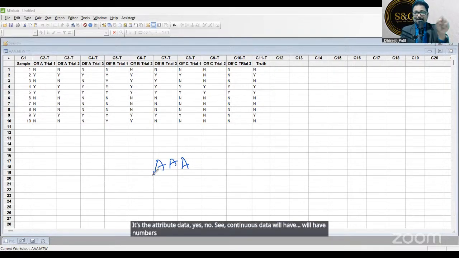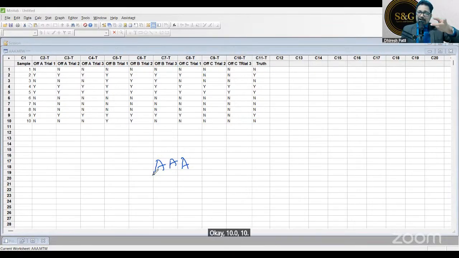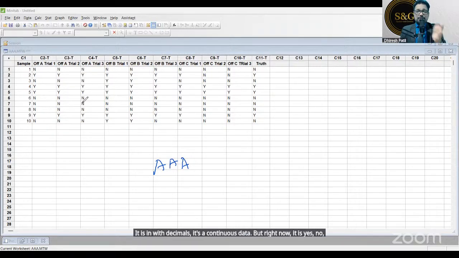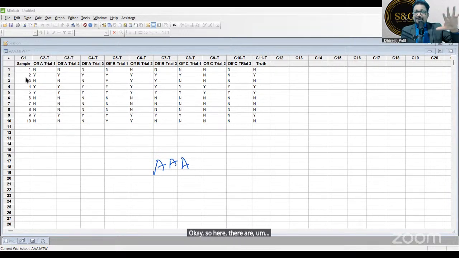Okay, 10.1, 10.2, 10.3. These are the numbers, digits with decimals. It's a continuous data. But right now it is yes, no, pass, fail, accept, reject. Okay, so here there are 10 loan applications given to the bank.